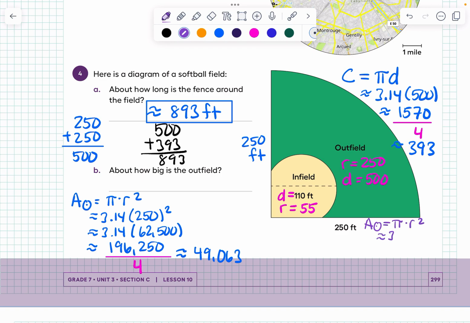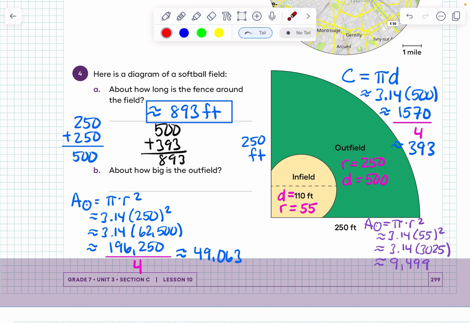So we would have 3.14 times 55 squared. 55 squared would be, oh no, this timer is going off and distracting me. 3,025. And if you do 3,025 times 3.14, you would get approximately 9,499. So that would be the area of the infield.